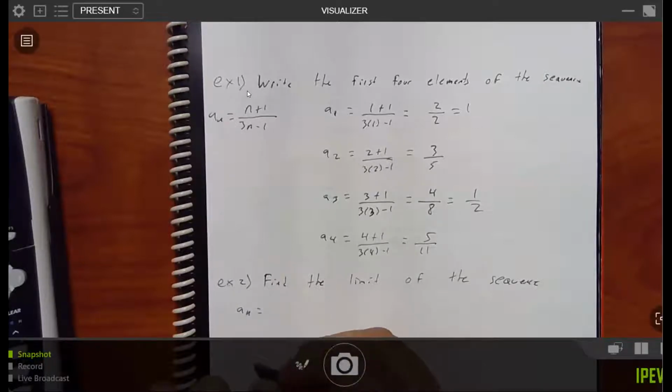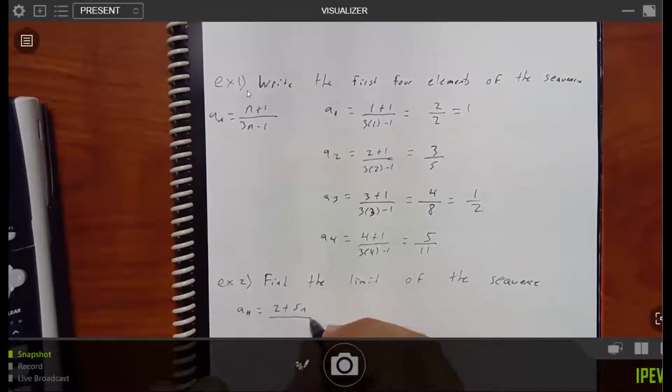A sub n will be equal to 2 plus 5n over 4 plus 9n.